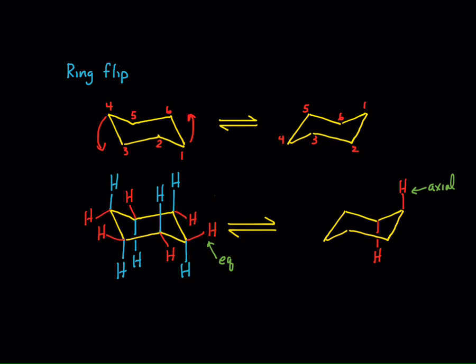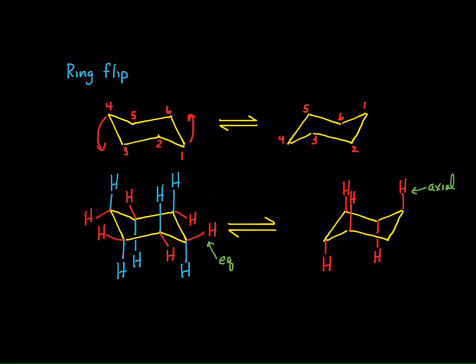So notice on C6, the equatorial hydrogen pointing down now is still pointing down, but it's axial. On C5, it's pointing up, right? But now it's axial. C4, it's pointing down, axial.